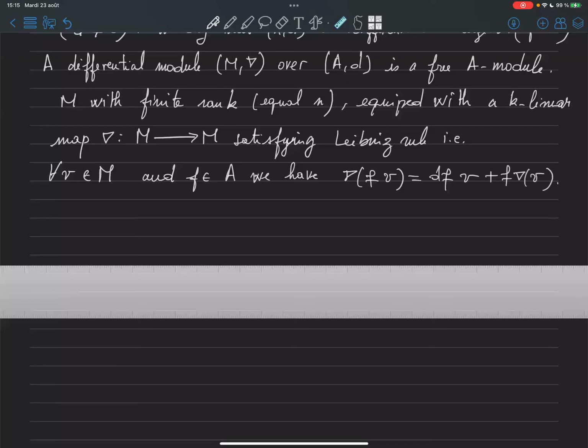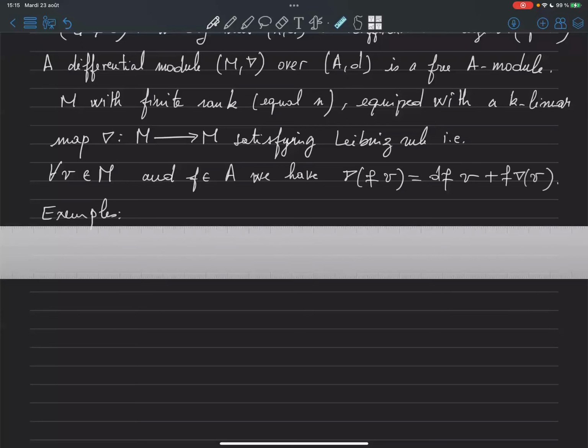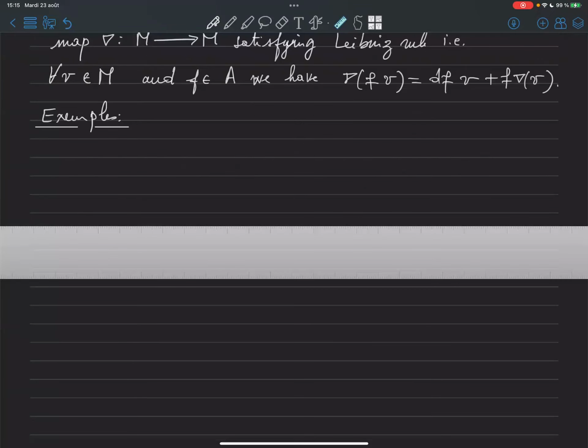And as an example, just for example, we start by the usual one and start by differential algebra. The usual one is if we take the R algebra of smooth functions, infinitely smooth functions, and we consider the usual derivation, then it is a differential algebra.